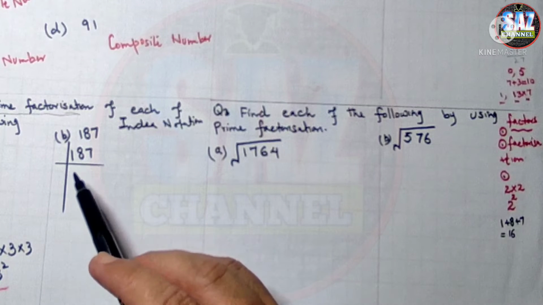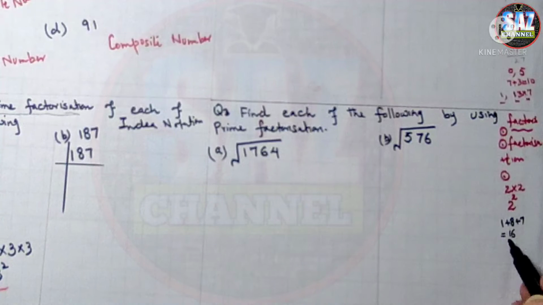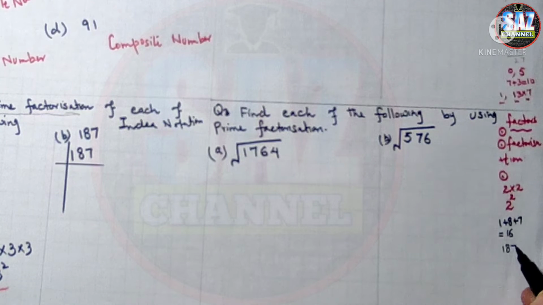If I'm checking for 7, 7 2s are 14, 14 not possible. Then 9 not possible, 10 not possible, and let's give a trial for 11. 87 divided by 11.